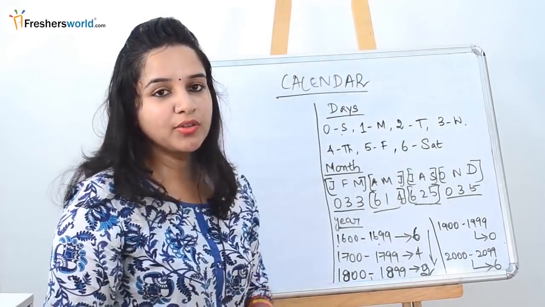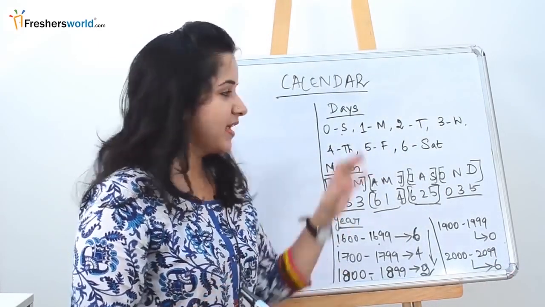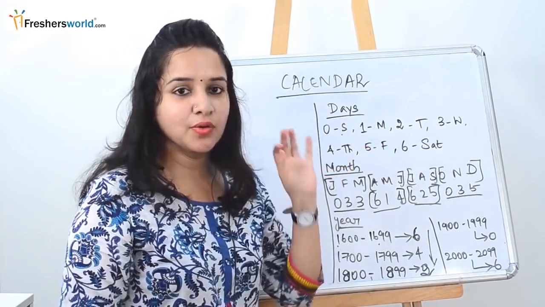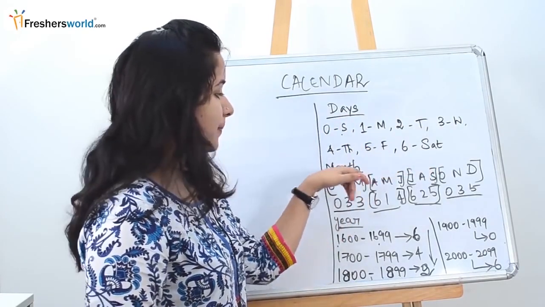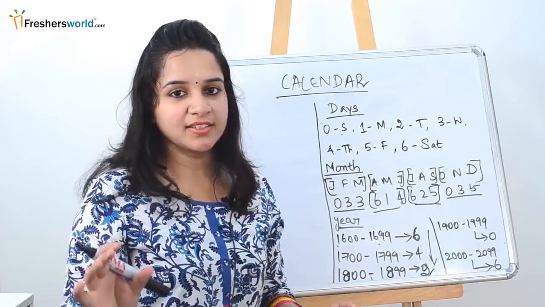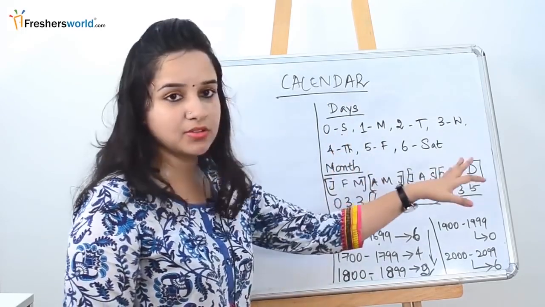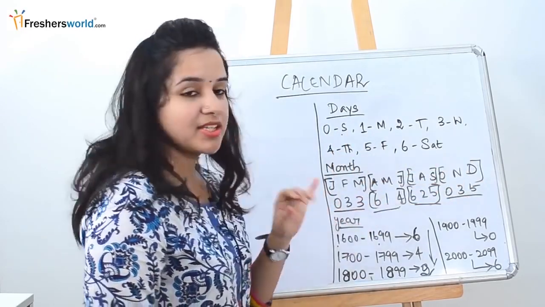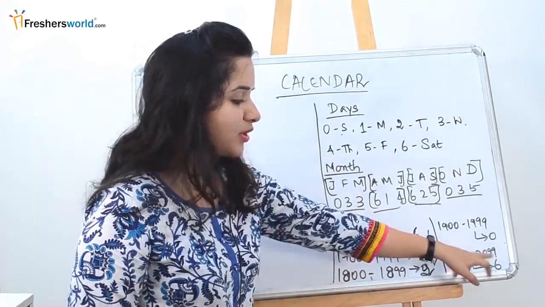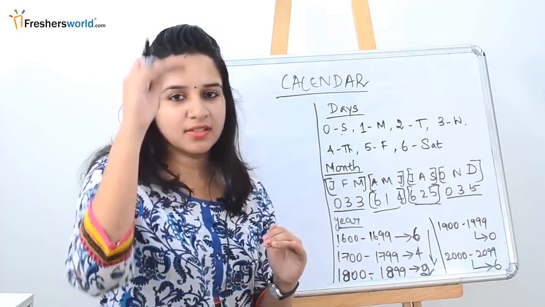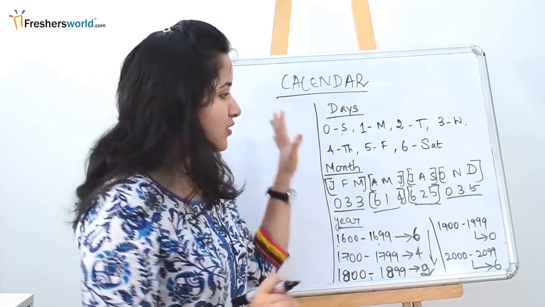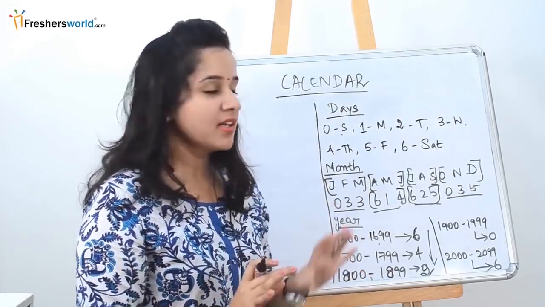So for days, from Sunday to Saturday it is 0 to 6. For months, remember the first 3 and last 3, then fill the middle from Jan to December. For year, starting from 1600 till 2099, it is 6, 4, 2 and 0, 6. Remember these codes for solving the calendar problem.